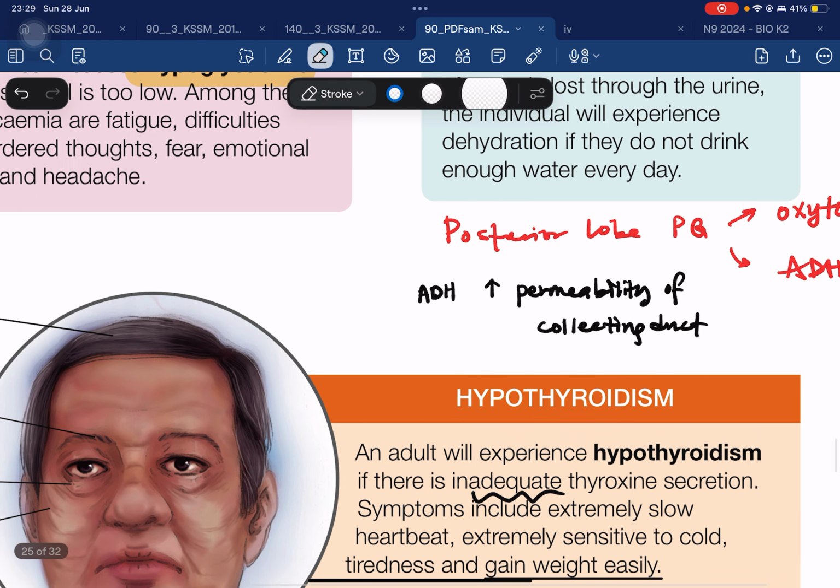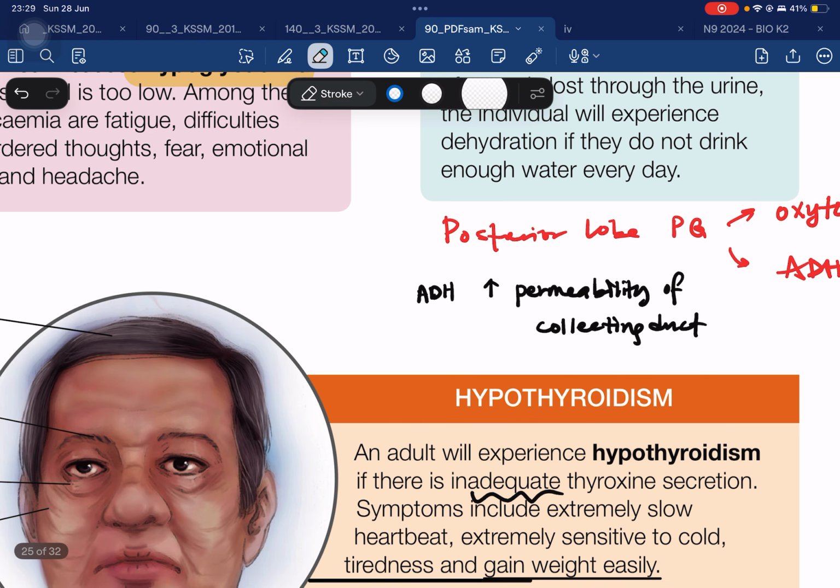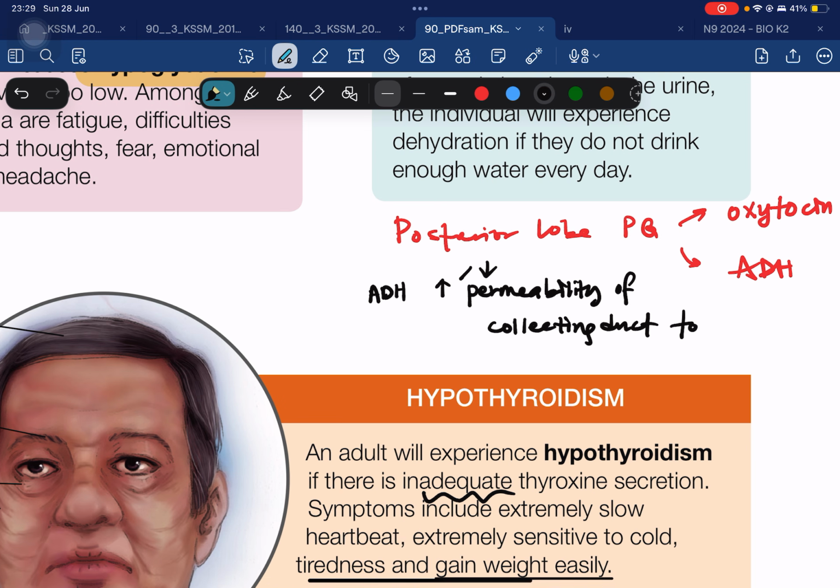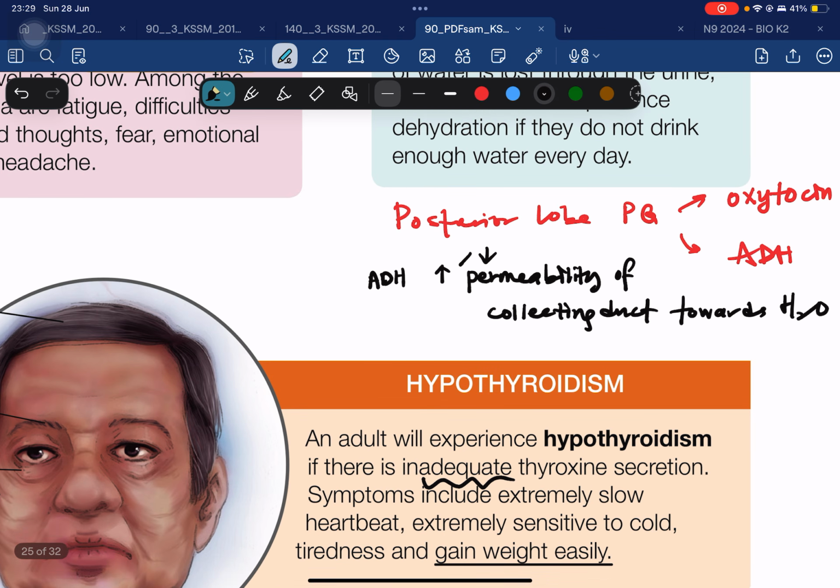ADH can help to change the permeability of the collecting duct towards water. When you increase the permeability of the collecting duct towards water, it helps your body reabsorb the water into your bloodstream to keep you hydrated.